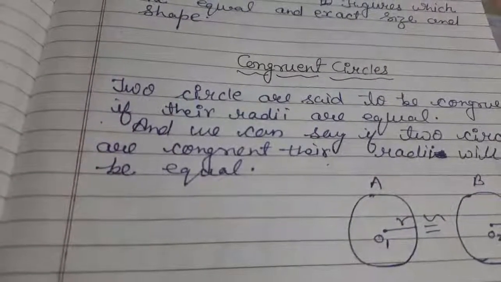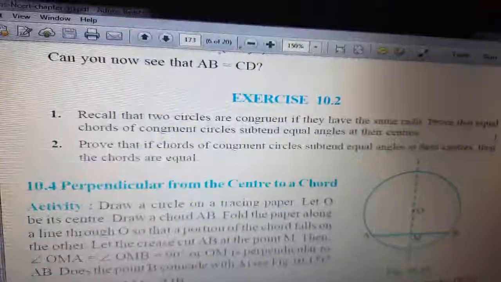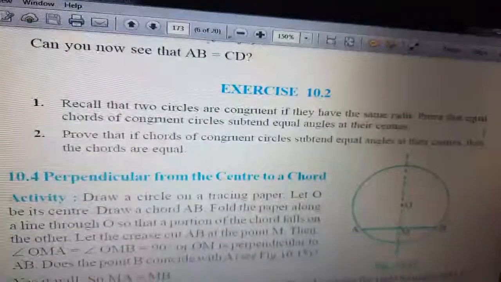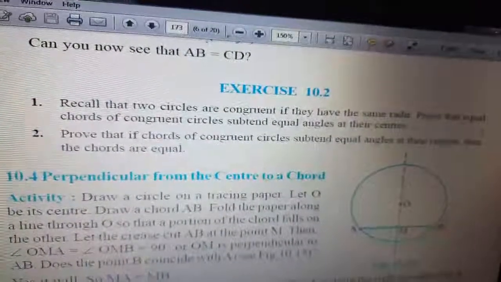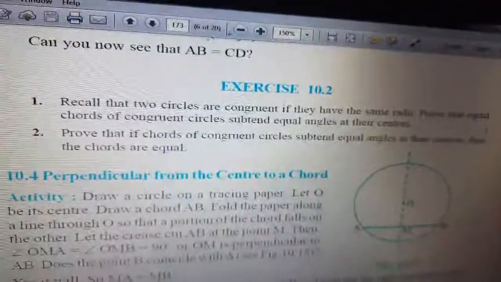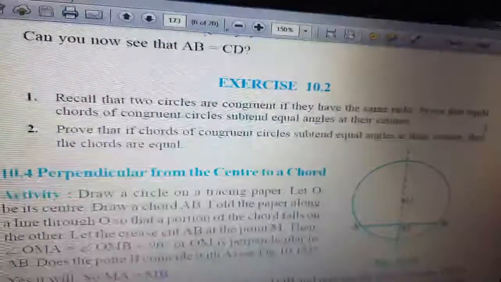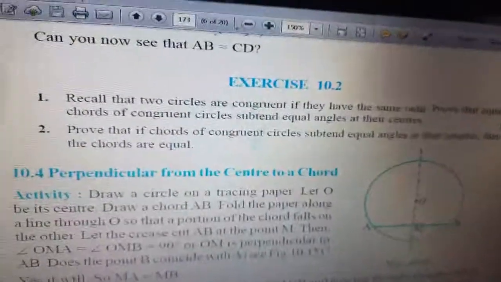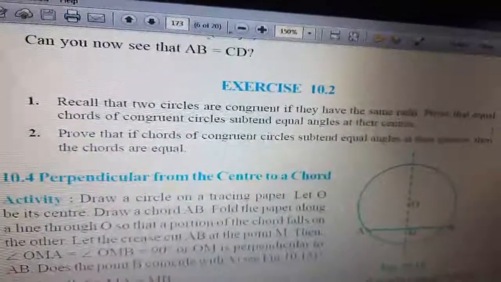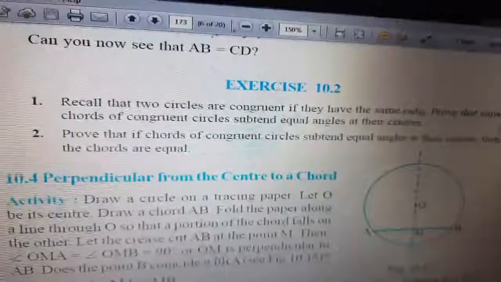The first question from exercise 10.2 is: recall that two circles are congruent if they have the same radii. Prove that equal chords of congruent circles subtend equal angles at their centers. Children, this type of theorem we have solved earlier in theorem 10.1, but it was in one circle.